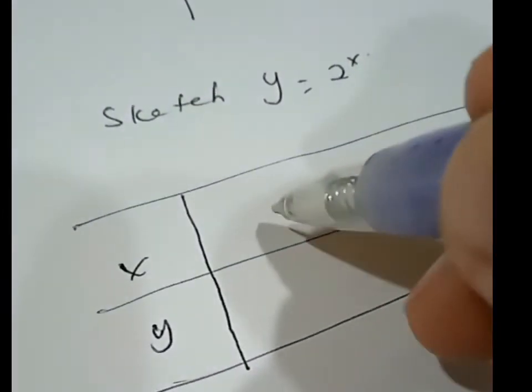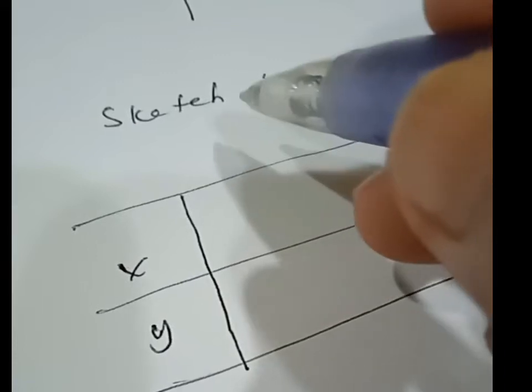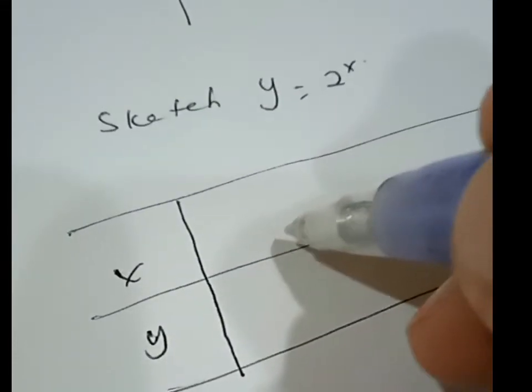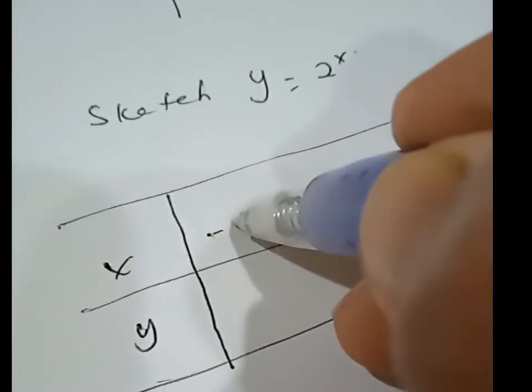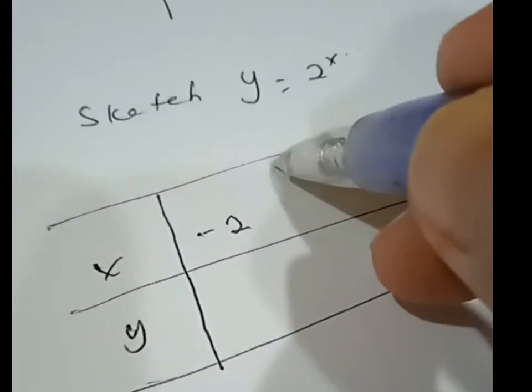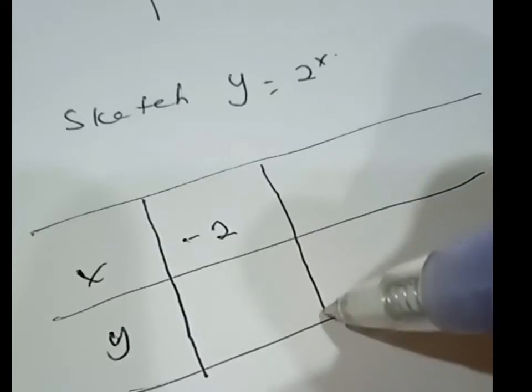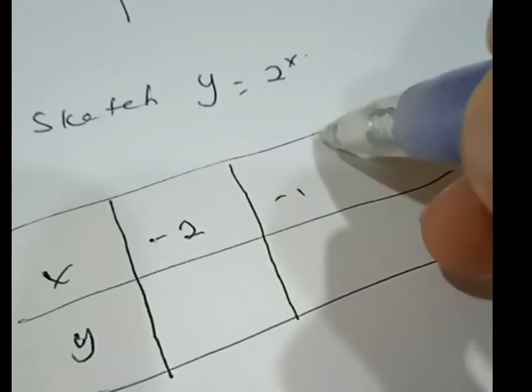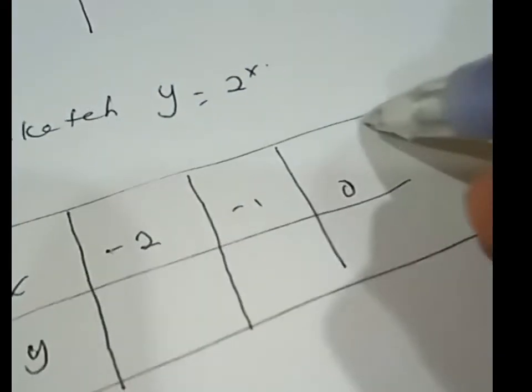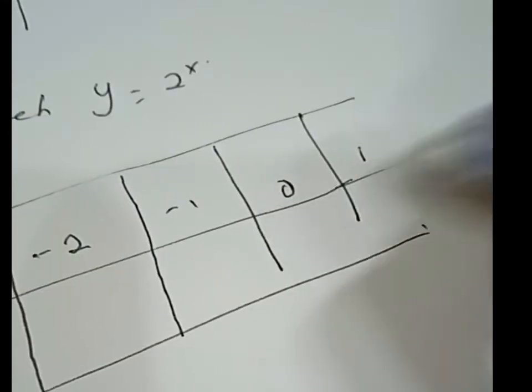So let's say we take x on the negative and the positive side. For example, let x take a few points on the left and the right: negative 2, negative 1, 0, 1 and 2.